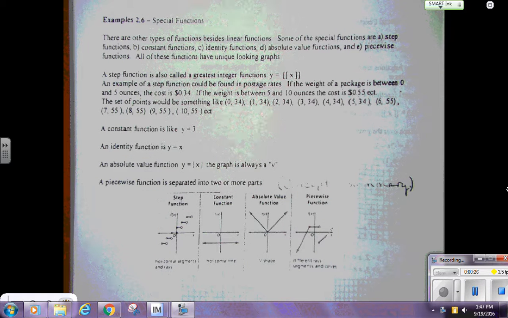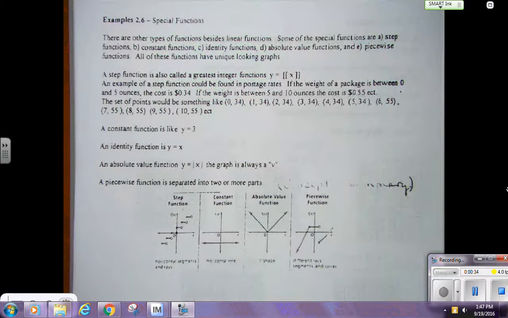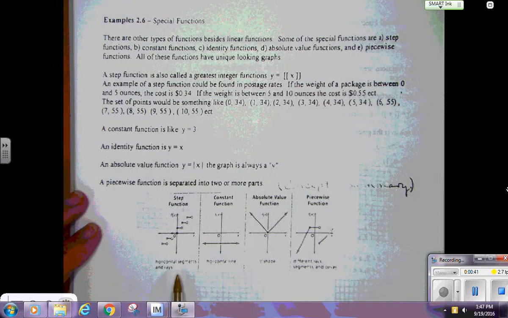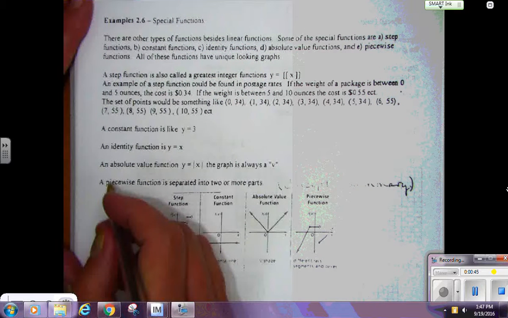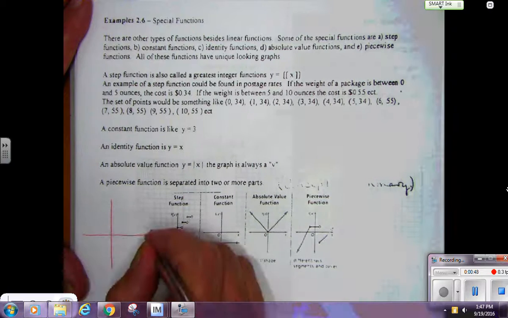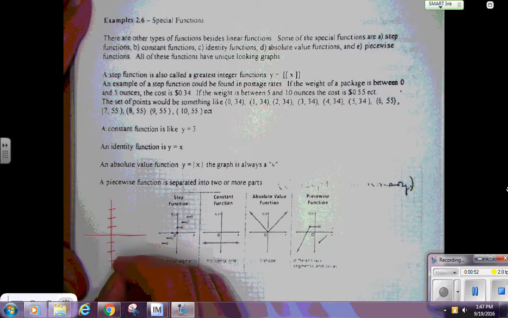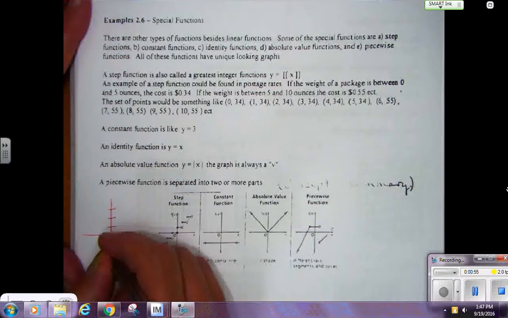Some of the special functions are step functions, constant functions, identity functions, absolute value functions, and piecewise functions. All of these functions have unique looking graphs. At the bottom, they give you examples of each kind of graph except for the identity function, so I'm going to add that one. The identity function is just a line where the slope is 1 and the y-intercept is at 0.